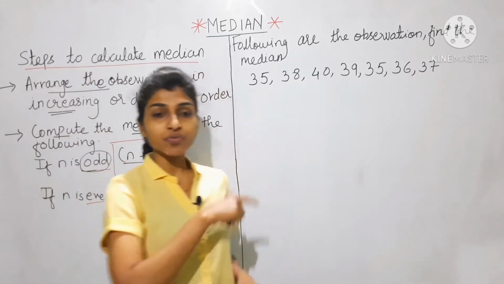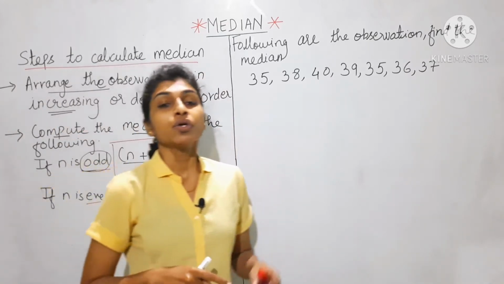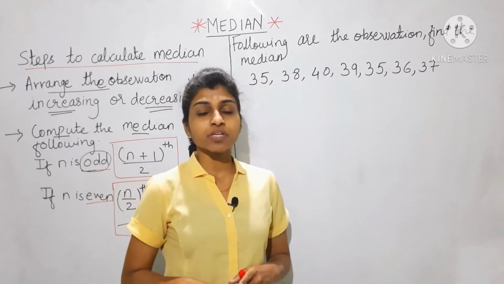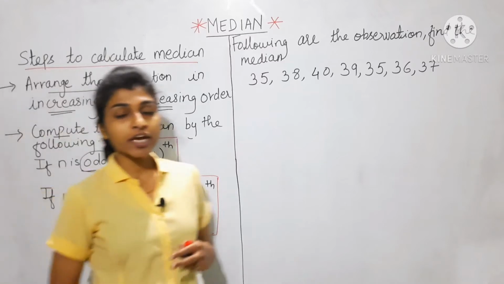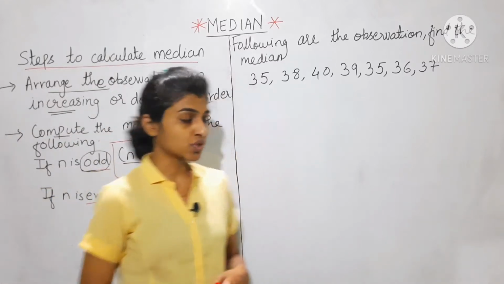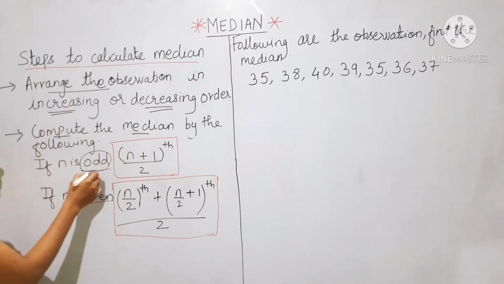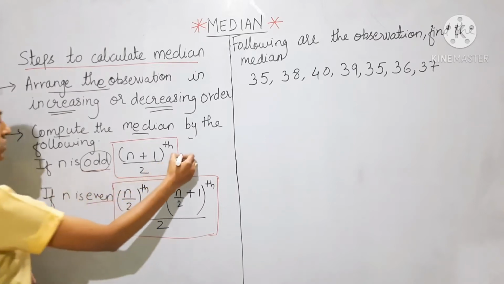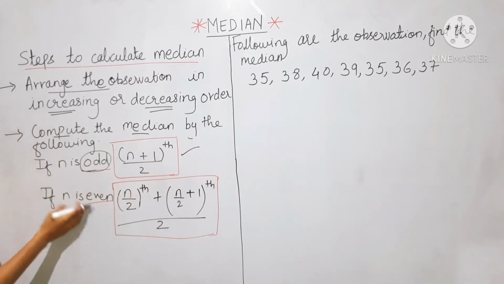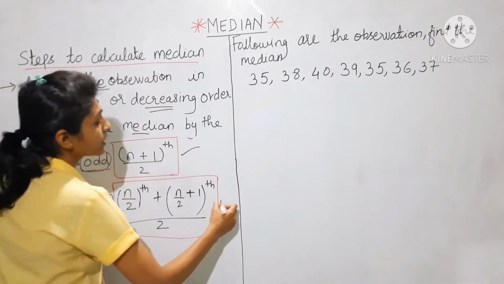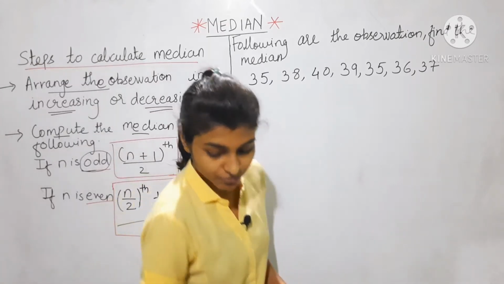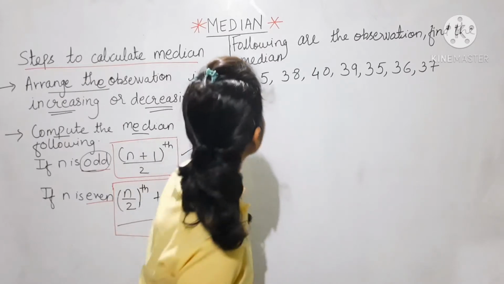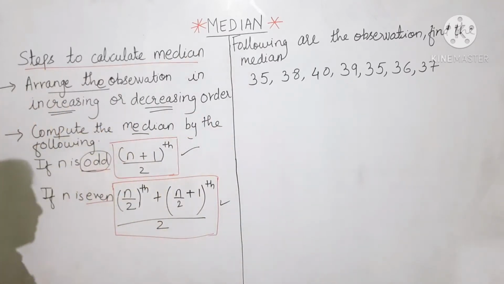Previously I said that if the number of observations is odd, you will get only one middlemost observation, and if it is even, you will get two middlemost observations. So remember, if it is odd, use this formula; if it is even, use this formula. Now we'll move to the example. I hope you have understood the steps to calculate the median.